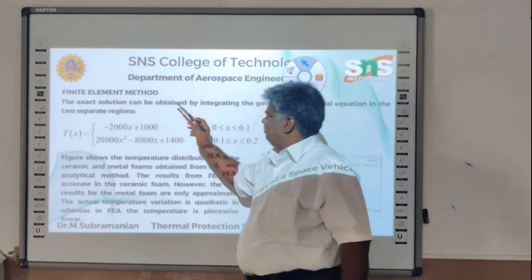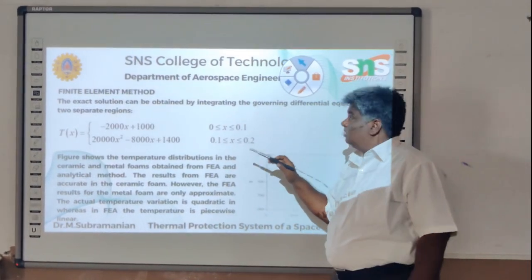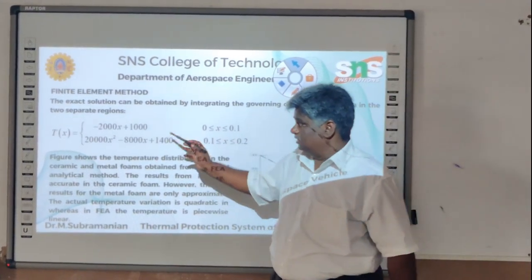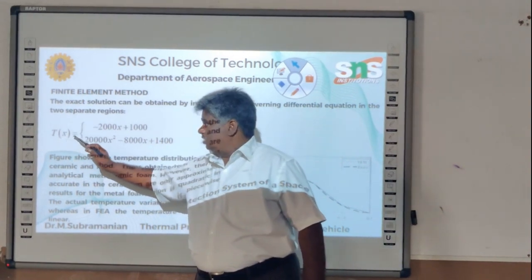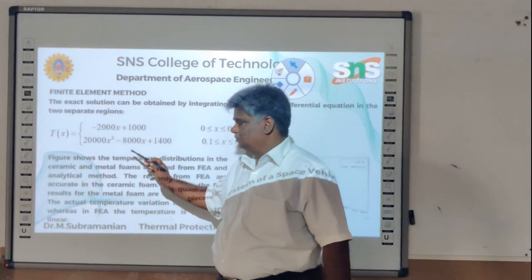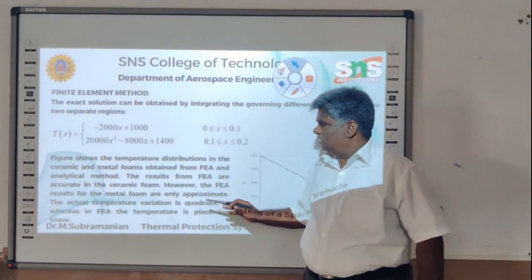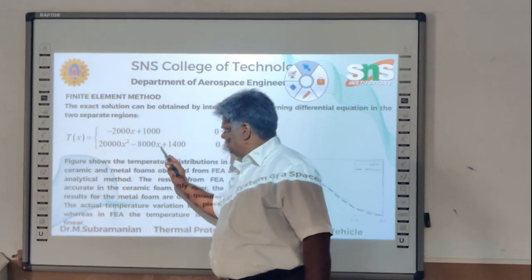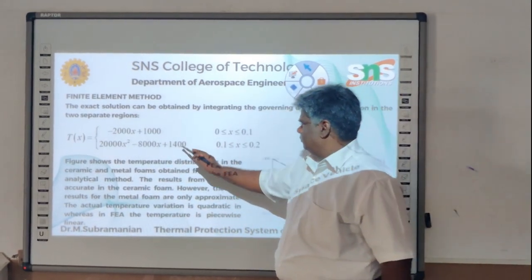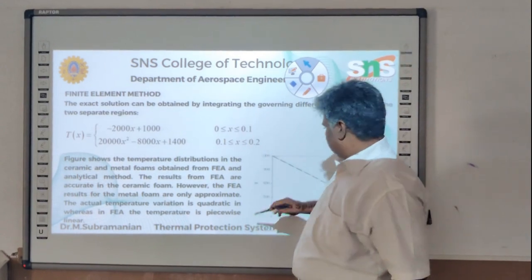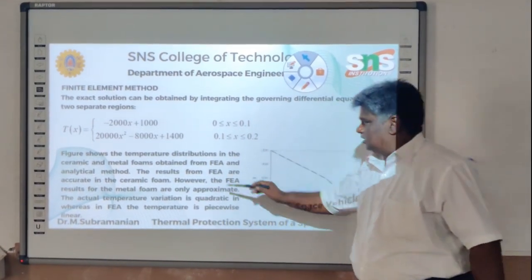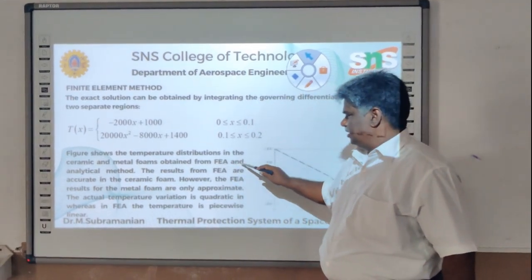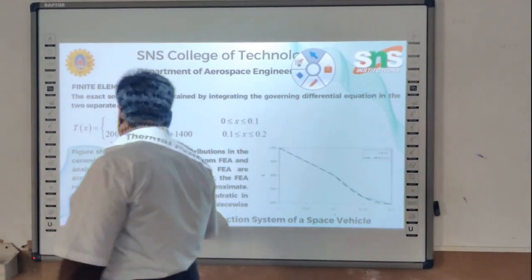The exact solution can be obtained by integrating the governing differential equation in the two separate regions: T of x equals minus 2000x plus 1000, and 20,000x squared minus 80,000x plus 1400. This is what is stated in the heat transfer problem. The figure shows the temperature distribution in the ceramic and metal foam obtained from the FEA and the analytical method.